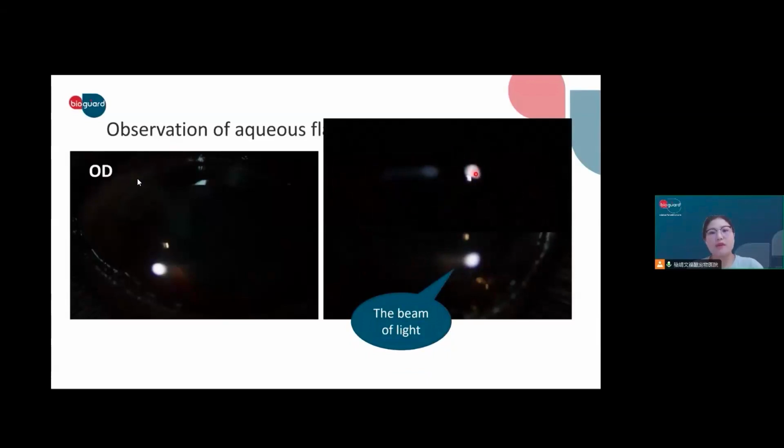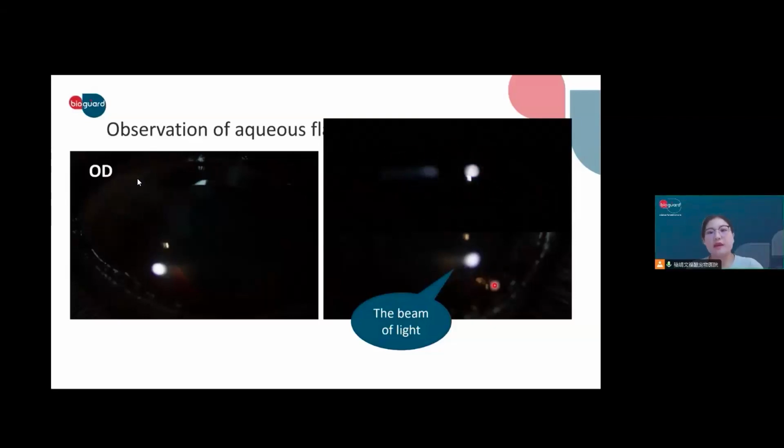We can see the light point on the cornea, and then the light disappears in the anterior chamber, and then the light travels through the lens. So this is what a normal eye should be.